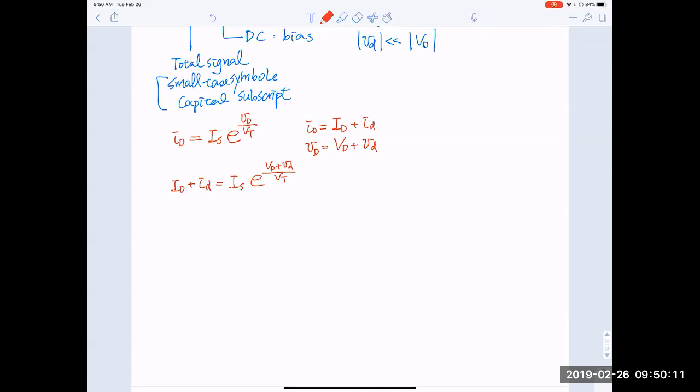To save time, we can utilize a Taylor expansion. If you think of this as a function of V_D plus v_d, we can use the Taylor expansion: f(V_D) plus df/dV times v_d, where v_d is the small signal.